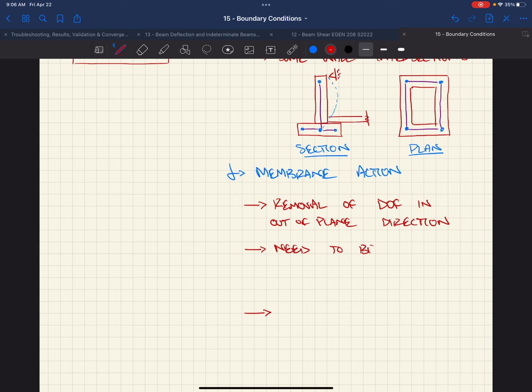We need to be careful here, though, as out of plane will affect load path.